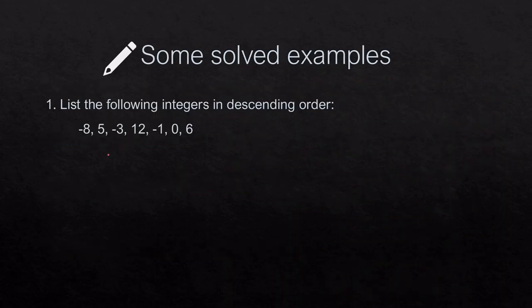Now we have gathered many concepts. Now we have to apply those concepts to solve these problems. List the following integers in descending order. Descending order means larger numbers are written first, then smaller numbers are written after that.